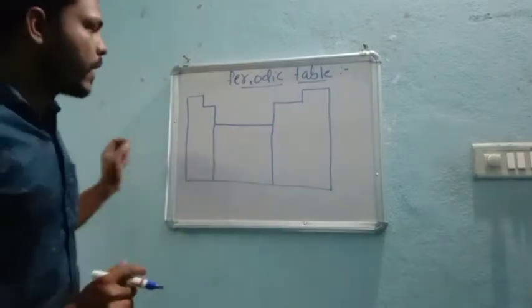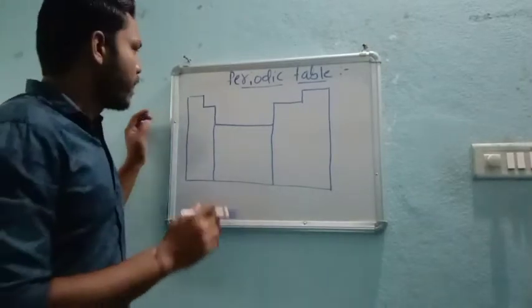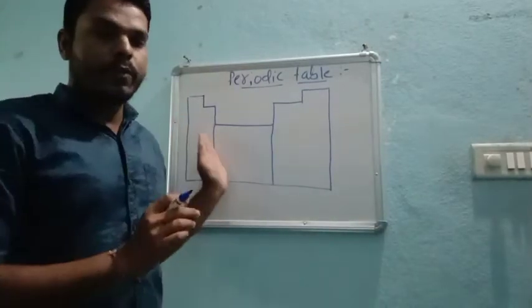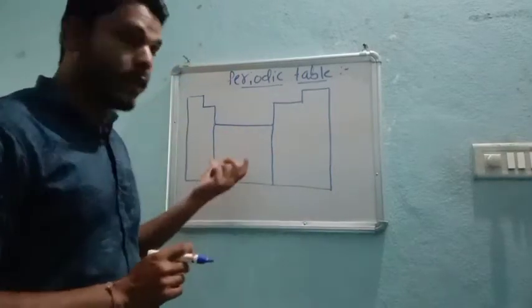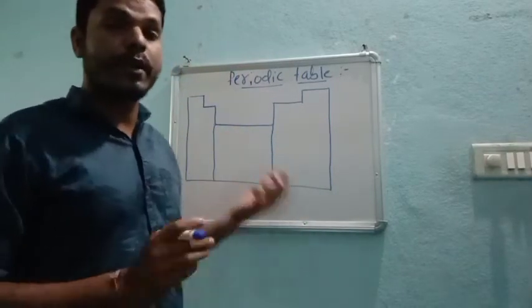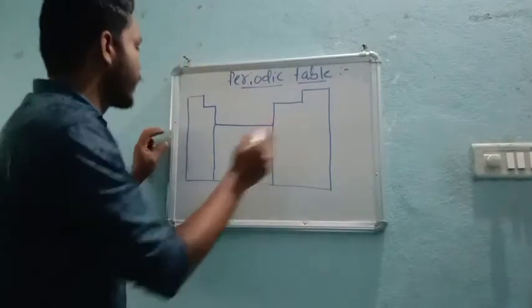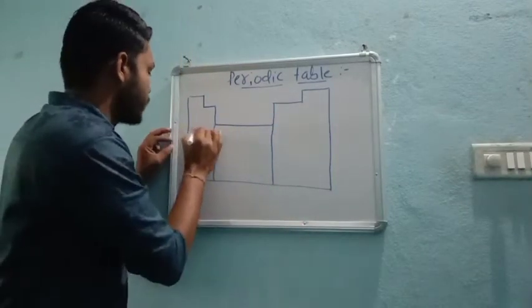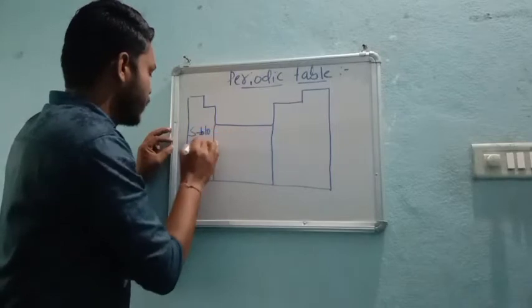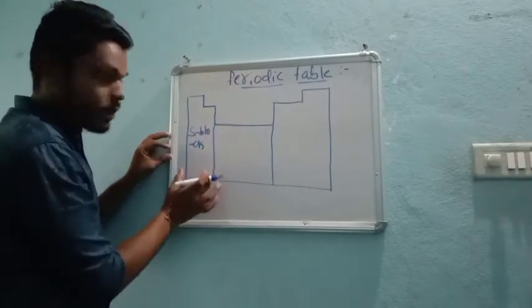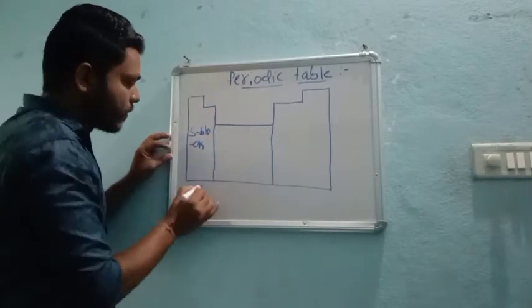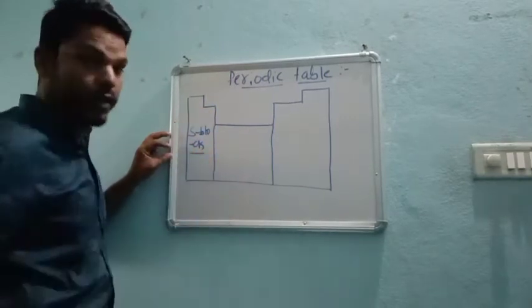In this rough diagram, we can say which block is present on the left side, which block is present on the right side, and which block elements are present in between. So we can decide now. For example, this is S block. That means all the elements in this part belong to S block.